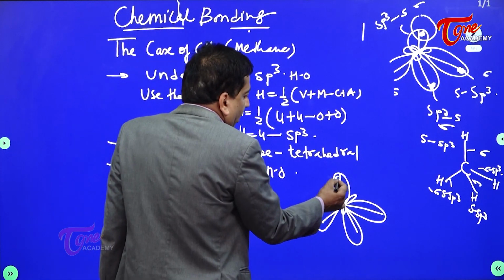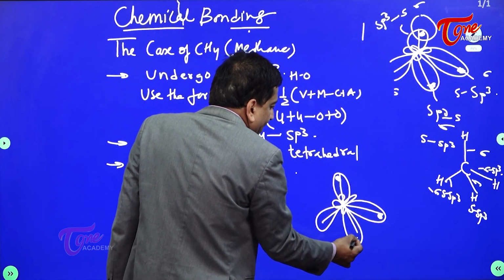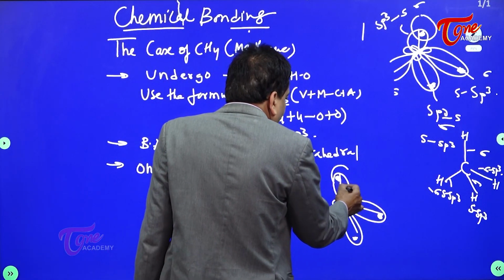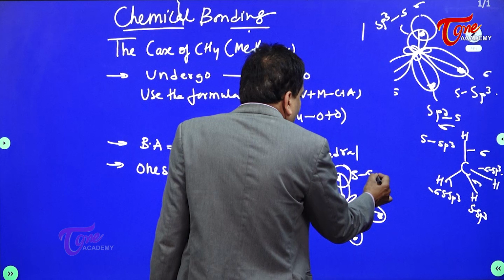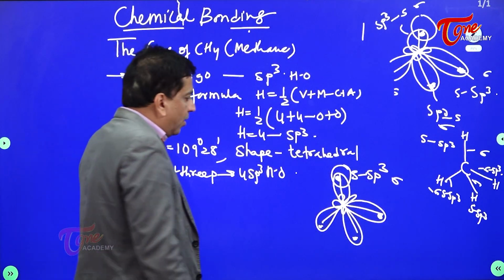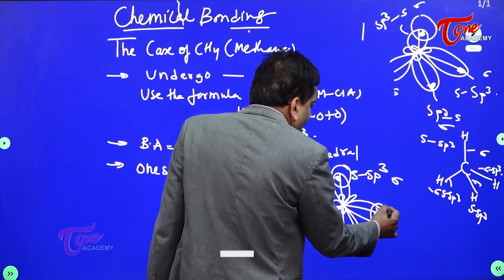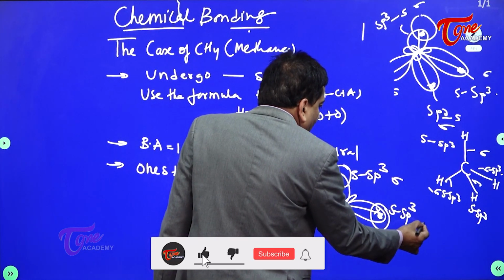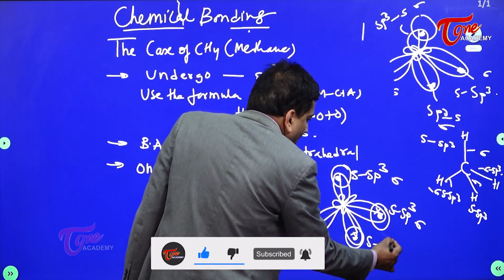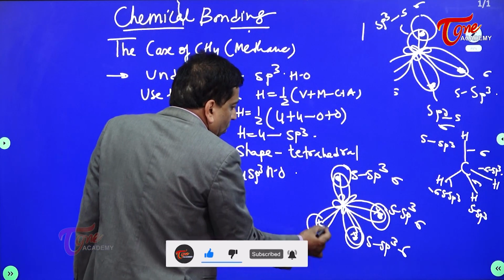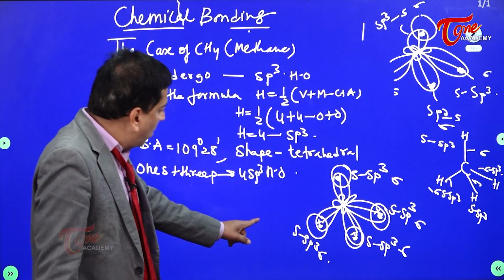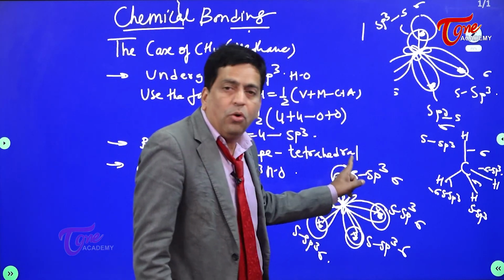And all the 4 electrons are now ready. And now the s comes, and it is s-sp3 sigma. Similarly, another hydrogen, it is s-sp3 sigma. So you have 4 sigma bonds, 1, 2, 3, 4, right?